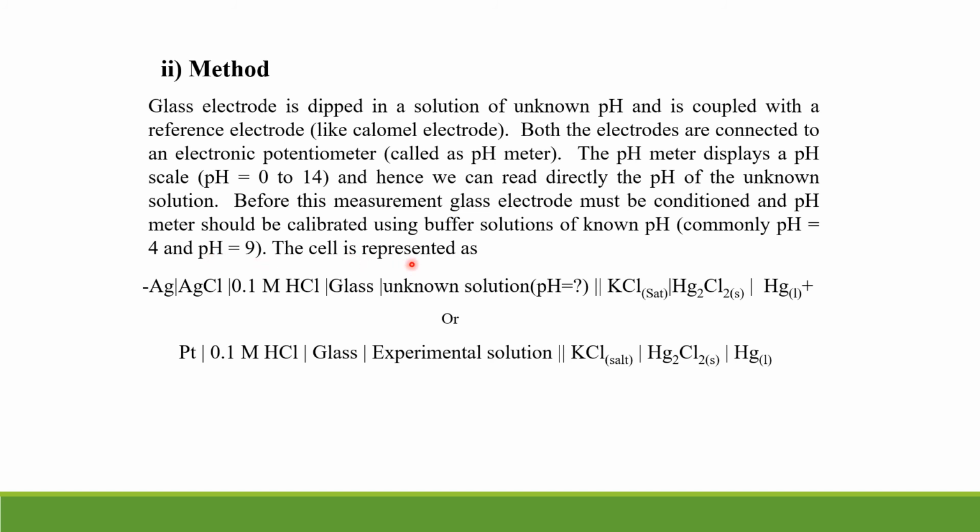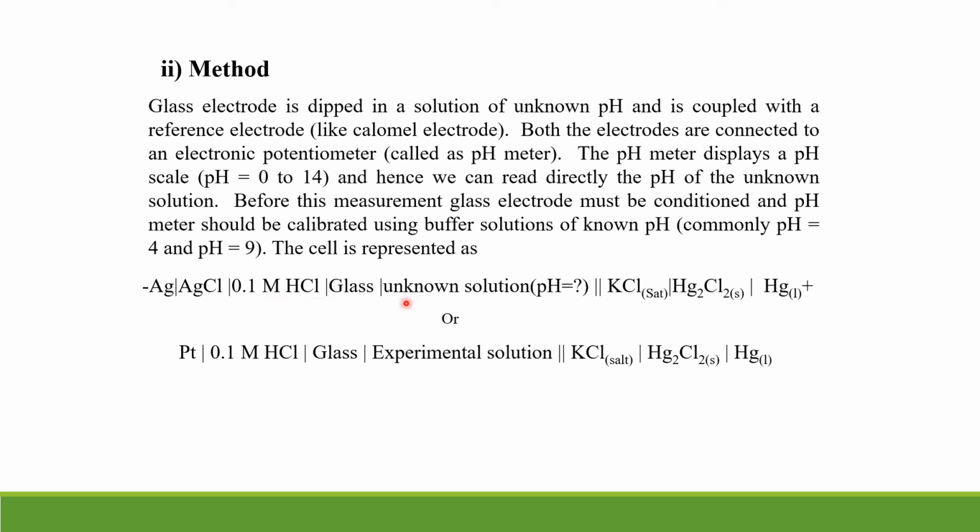The cell which is represented here forms again two half cells. One is the calomel electrode, the other is the glass electrode. So we are going to set up a complete electrochemical cell containing two half cells. Here you can see the two half cells. On the left hand side is the glass electrode, which is made of a silver electrode dipped in HCl solution, and in the bulb of the glass electrode you have to take 0.1 molar HCl solution.